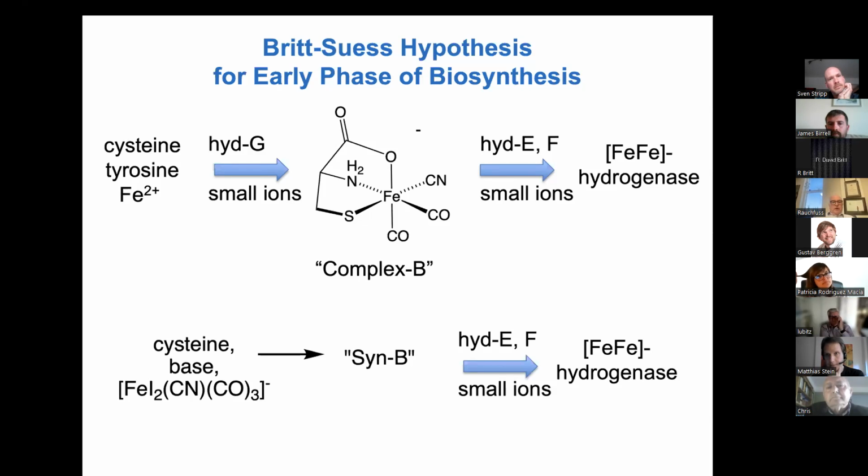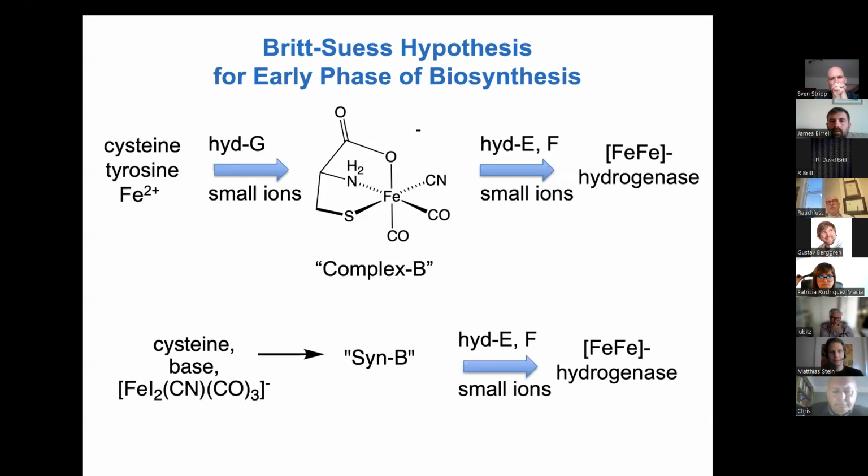So we thought we could make this, and we know a lot about iron carbonyl chemistry. So this is the kind of synthesis that we do in the bottom set of equations. We would prefer not to have something in quotes about what we're making.